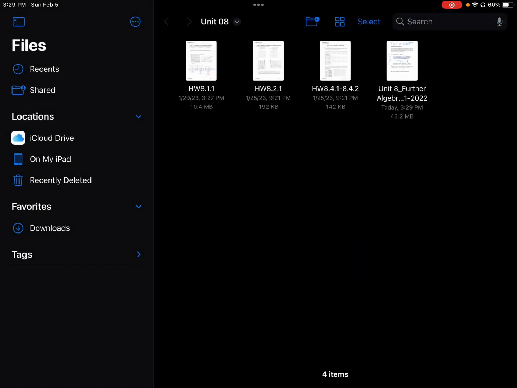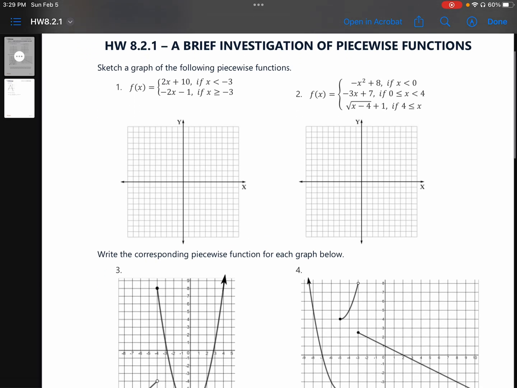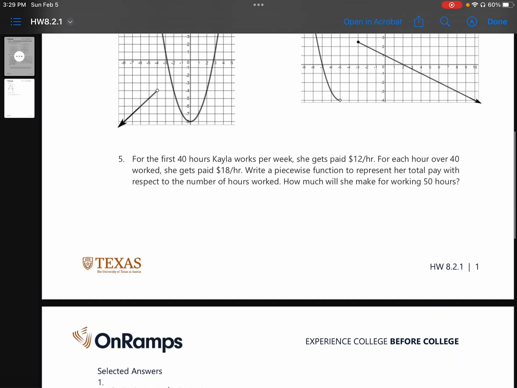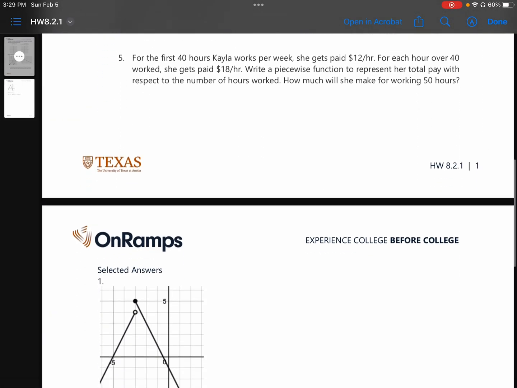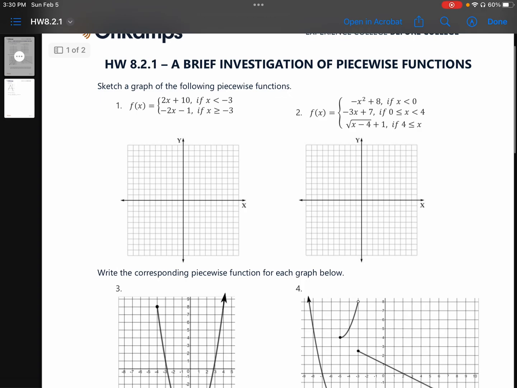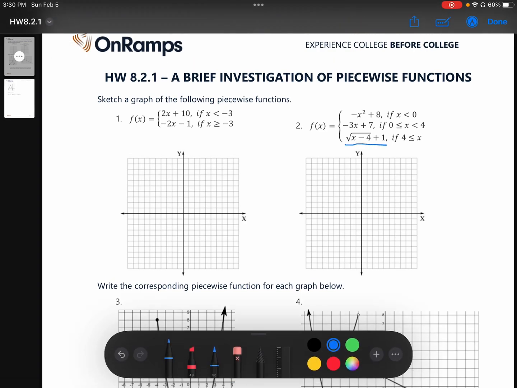Let's see if there's anything particularly difficult in your homework. Your homework's not very long. I don't want to do your homework because there's so little of it. You do have the answer to the odds down here if you want to go on ramps and look at them. And if you don't know how to graph this, yes, you can plug it on your calculator, but remember, you can just come up with the parent function to y is equal to the square root of x.